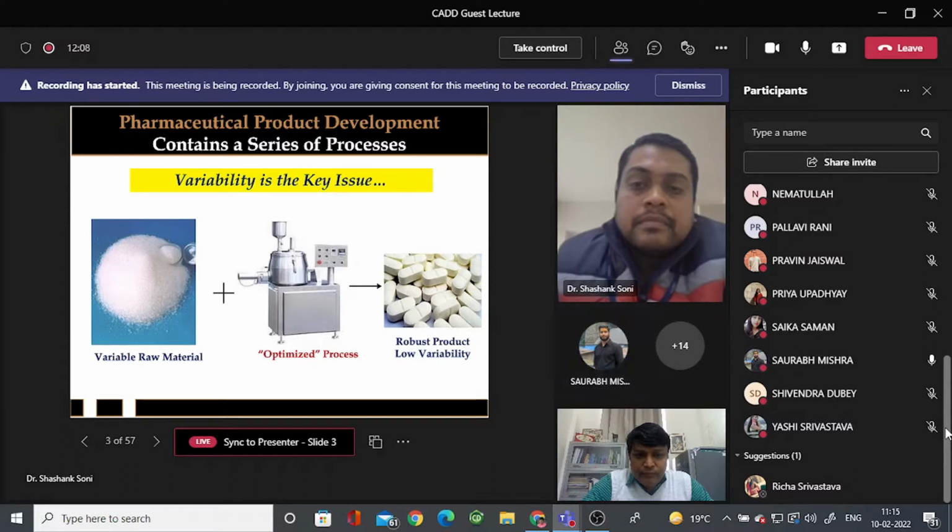Hmm? Any raw material of tablets? Shivendra Dubey. Saurabh, you're not audible. You can mute yourself. Shivendra, which raw materials are used in a tablet? Tell any one of them.